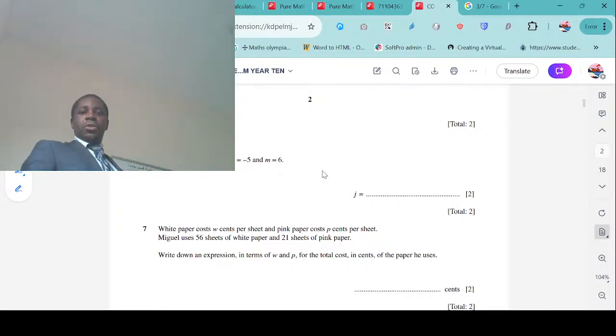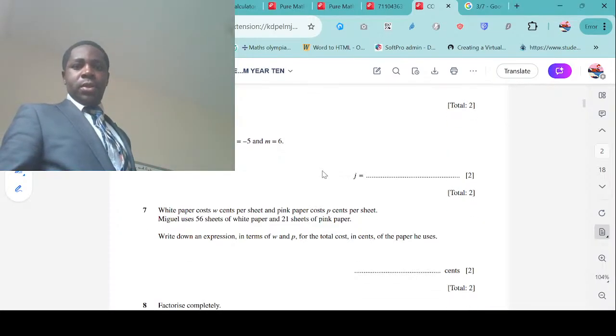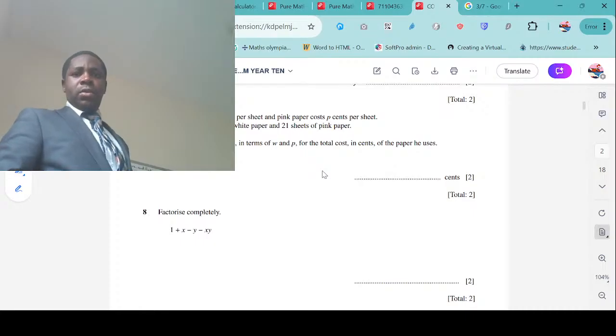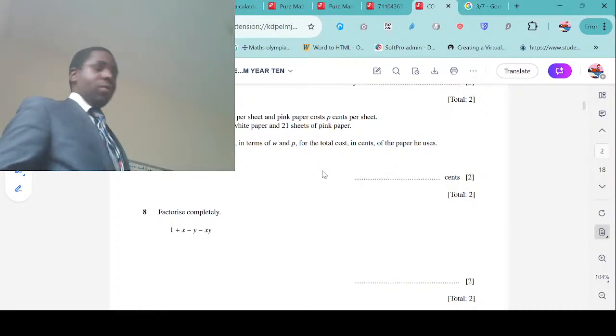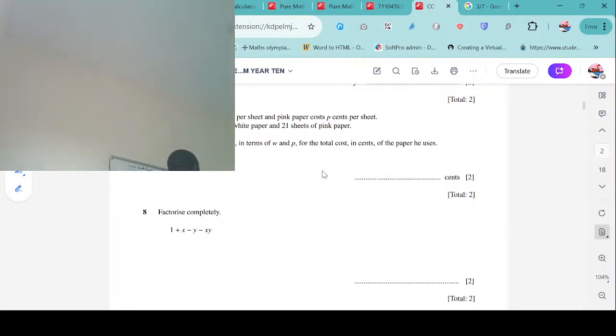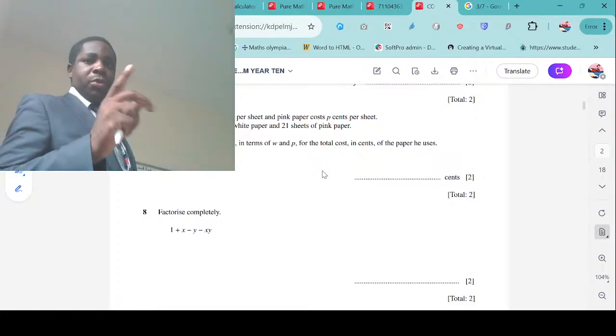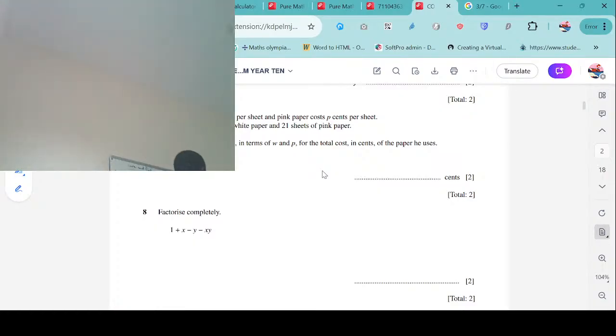Straightforward. That's also 2 points. The seventh question is actually a one problem question. I'm not going to write it out, I'm just going to read it out so I can interpret it. It says white paper costs W cents.